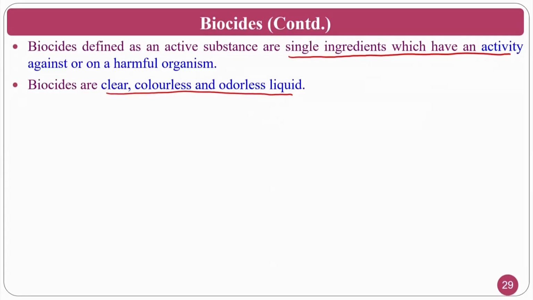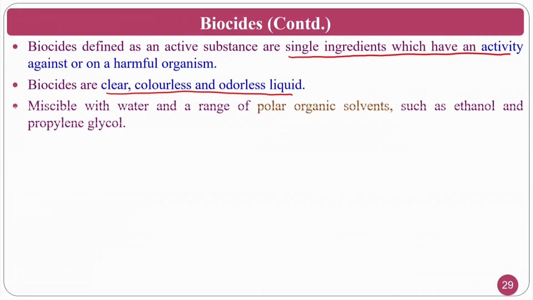Whenever I want to measure a certain surface roughness, my master should be much smoother. That means I do not want odor; the primary material that I am using should not give any odor. That is the most important thing about this particular point. Biocides are miscible with water and a range of polar solvents.